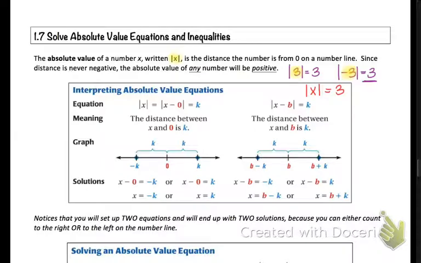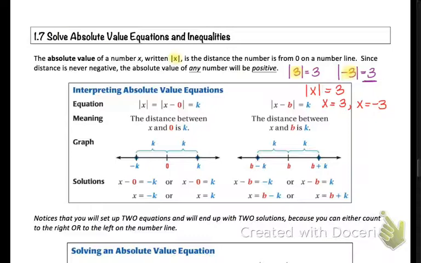Another way that we could think about this equation is saying what number is 3 units away from 0? Well, there's two possibilities here. We could either count to the right or to the left, so we get two different solutions. x could be +3 if I count 3 units to the right, but if I move 3 units to the left, we could get an answer like -3.